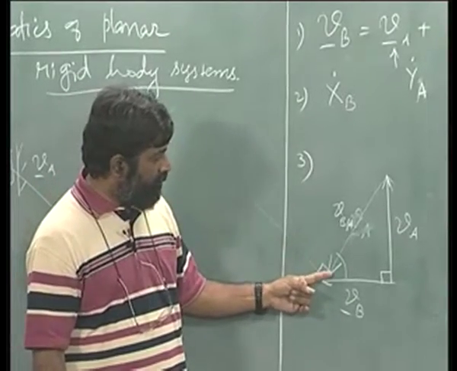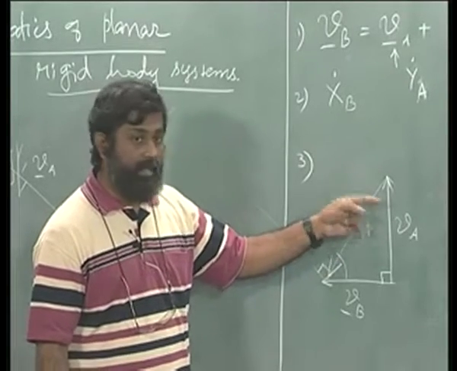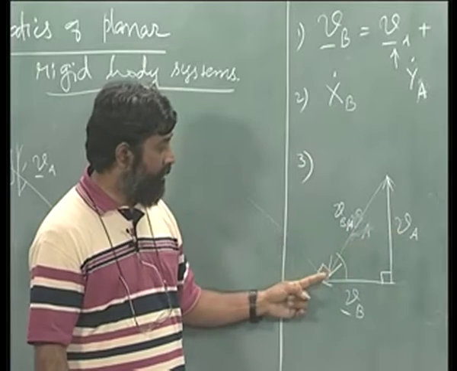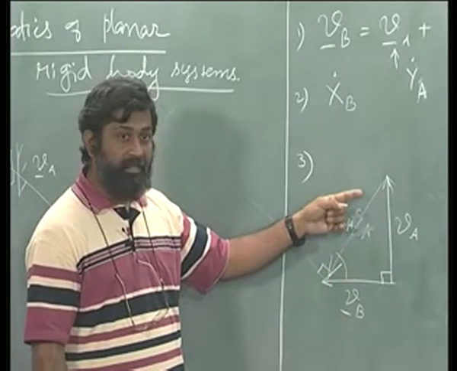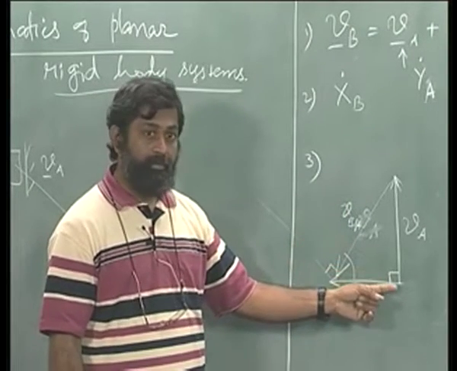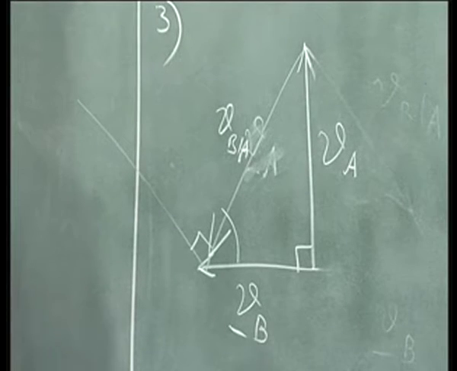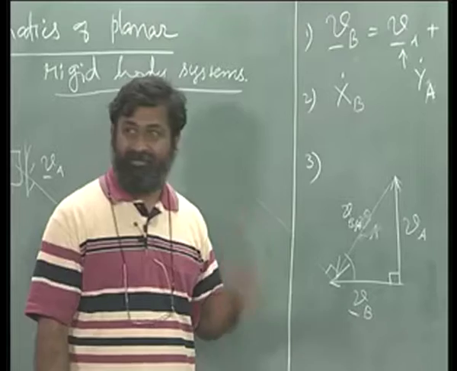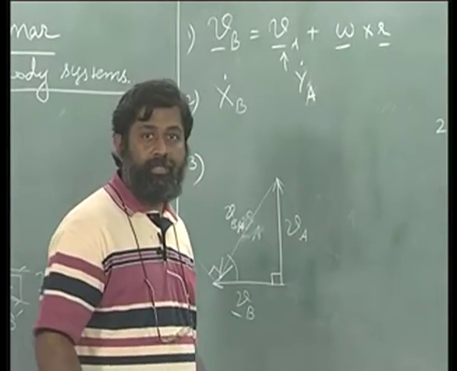For example, if I have the angle of this, then I can say VA by sine of this angle is equal to VB by sine of this angle is equal to VB with respect to A by sine 90, okay. So, I can easily get the quantities that I need. Usually these are the ways in which people solve the problem.